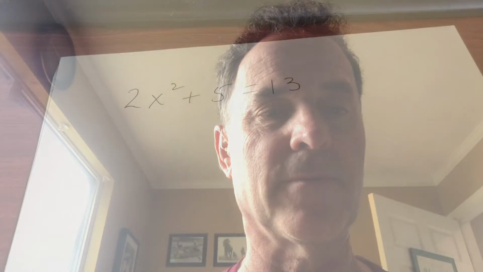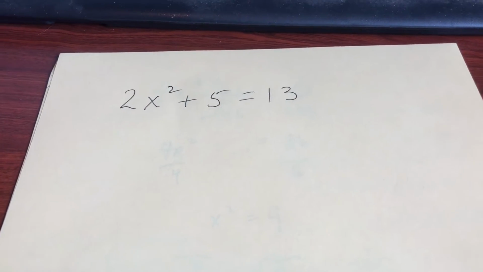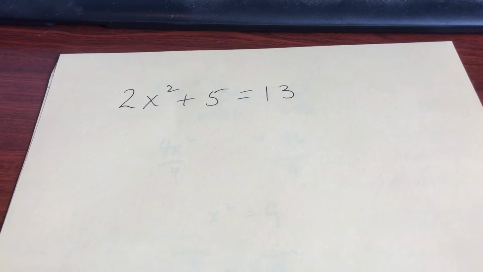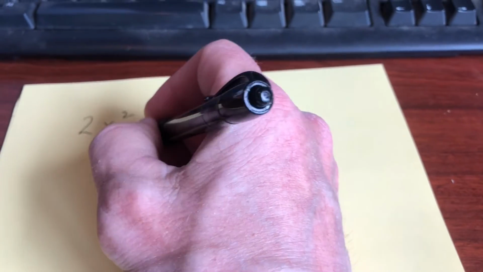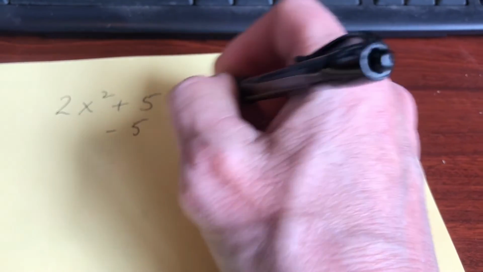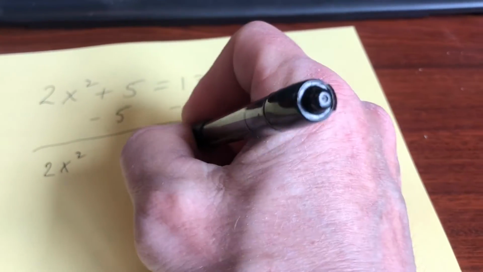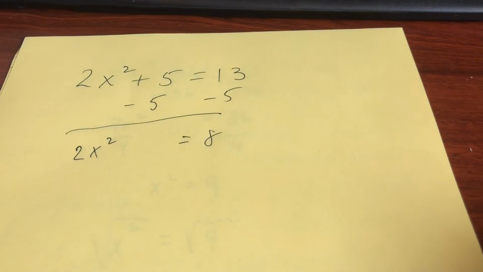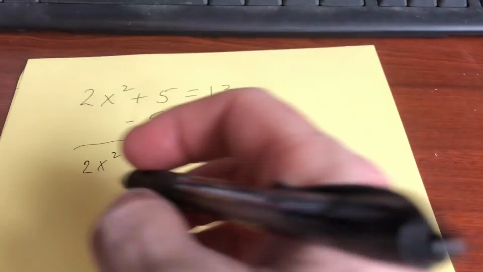Okay, we're going to solve one more equation. I'll write this out for you, and then you'll do some practice problems. As you can see, the equation is 2x squared plus 5 equals 13. So first I'm going to subtract 5 from both sides to get 2x squared equals 8.